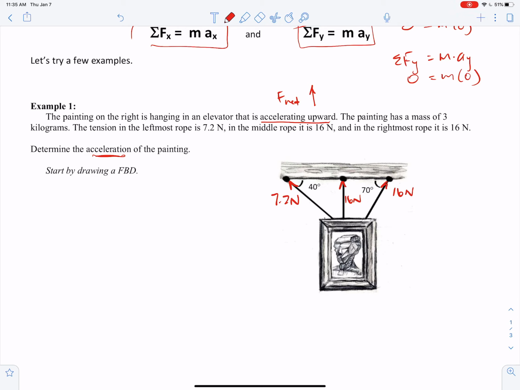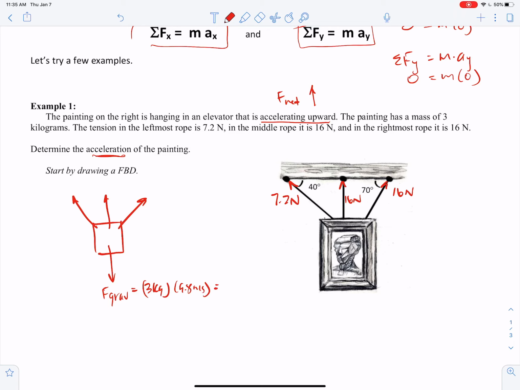Well, as always, we're going to start by drawing a free body diagram. So here we go. Here's the painting. We've got the 3 tensions, and we have the force of gravity pulling down. Okay? That's going to be equal to the mass of the painting, which is 3 kilograms, times 9.8 meters per second squared.